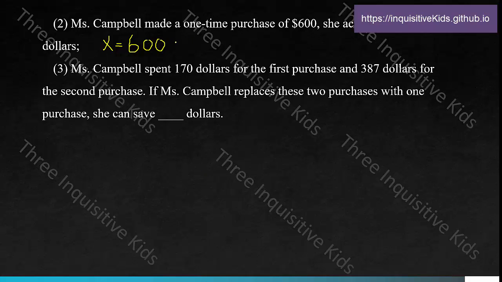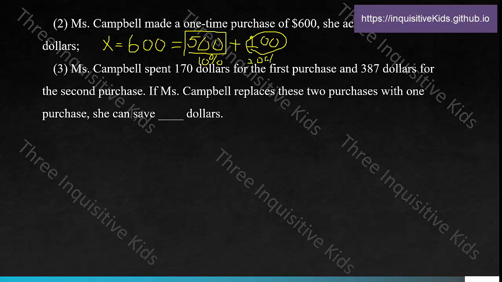600 is equal to 500 plus 100. So this first 500 here will get a 10% discount. And this 100 here left over will get a 20% discount.